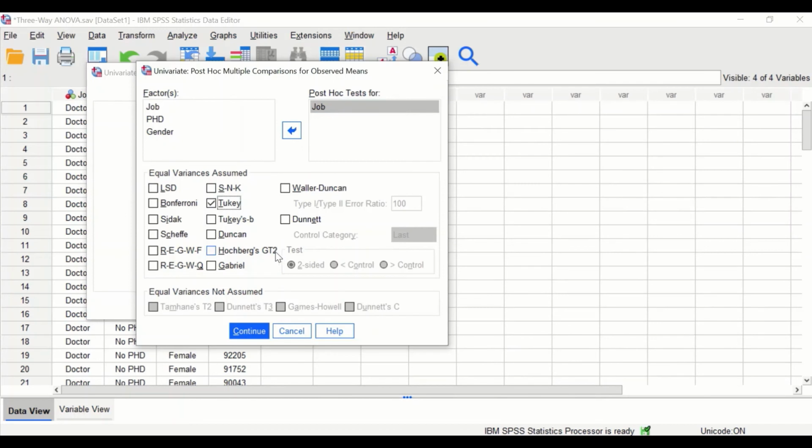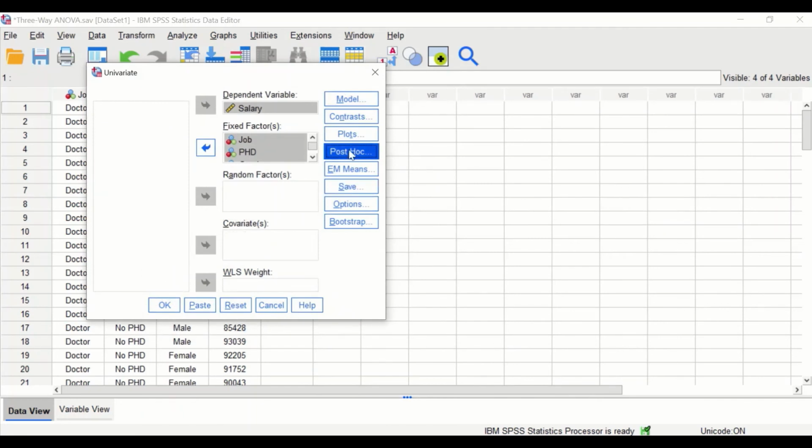Click on Tukey here, choose the Tukey post hoc test, click on Continue. The post hoc test will look for all possible combinations and pairwise between 2 groups and determine whether there is a significant difference in the mean between these 2 groups.